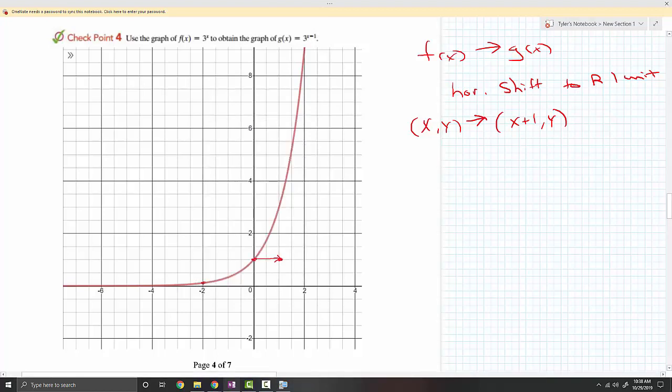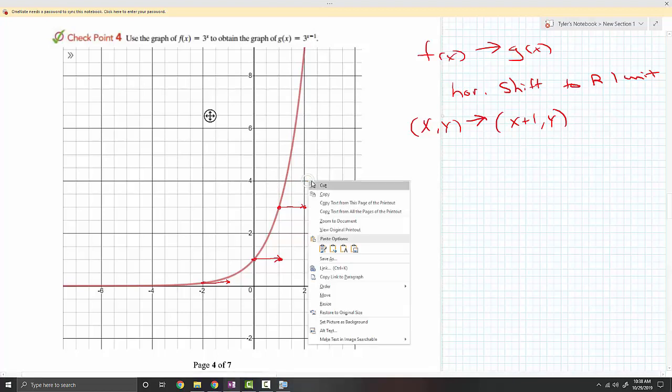This point's just going to get shifted 1 to the right, so it's going to be here now. This point is going to get shifted 1 to the right, so it's going to be there. This point's going to get shifted 1 to the right.